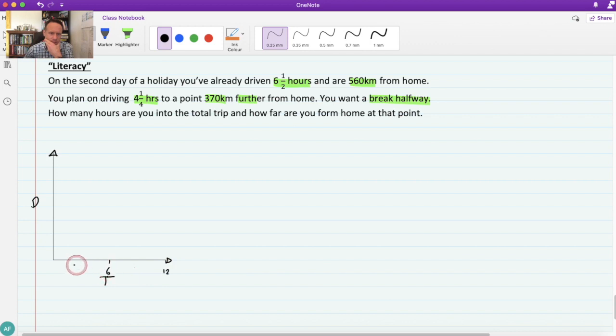That makes that 6, and we can put those pretty neatly into lots of 2. The distances: we're 560k, and then we add 370k away from home, and that'll give us 930. So let's just make that 1,000 kilometers.